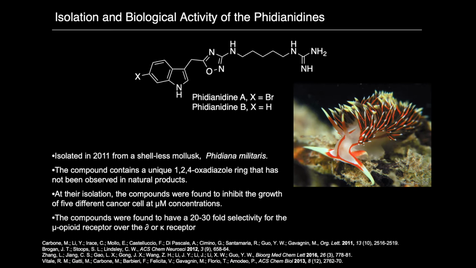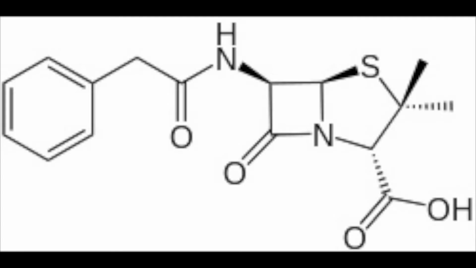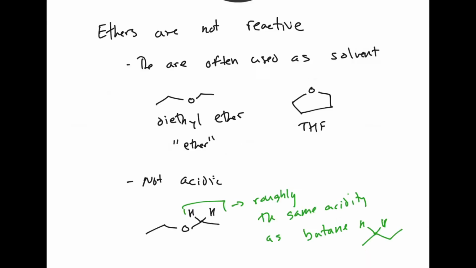They find a tenth of a milligram and figure out what the structure is. And then people like me will make them and see what they do. Like antibiotics, penicillin comes from grinding up a mold, right? Same kind of deal.